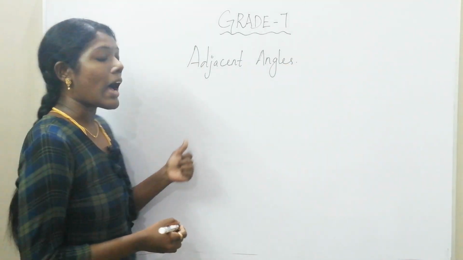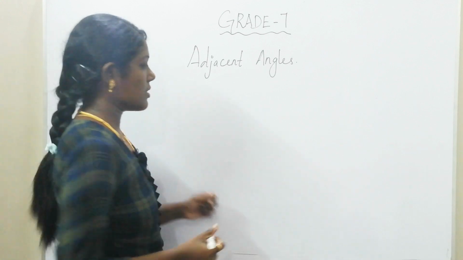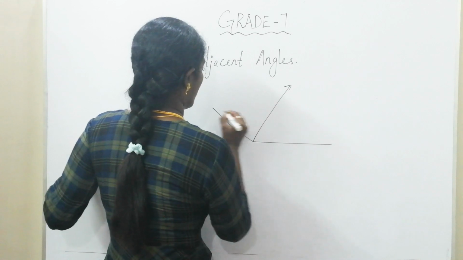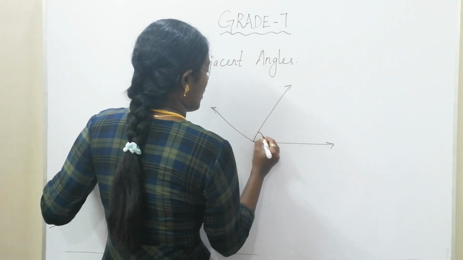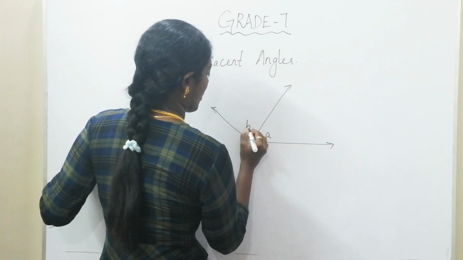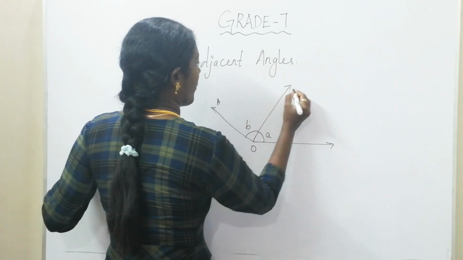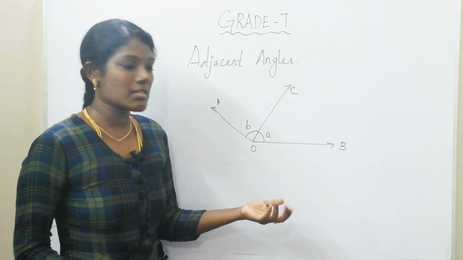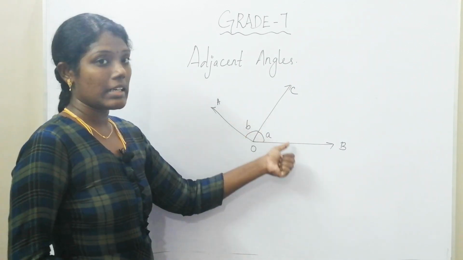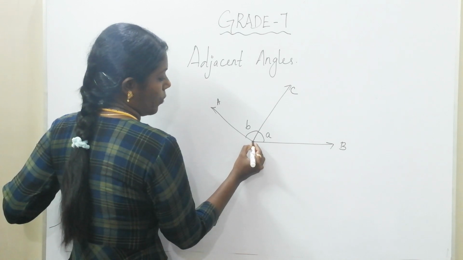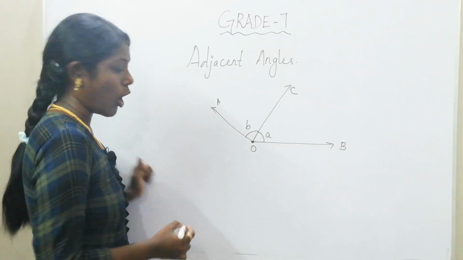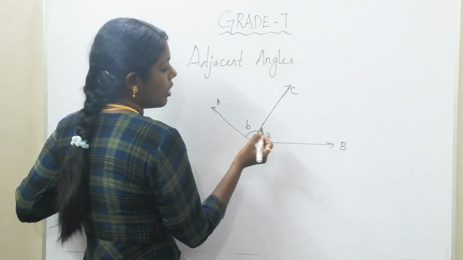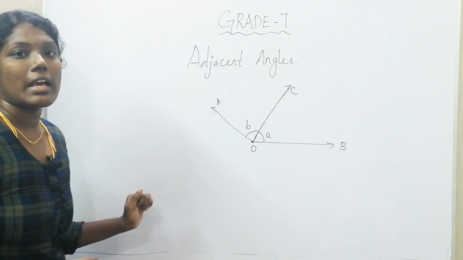See, I have two angles here, but what happens is, so I have two angles A and B. But what happens? These two angles are under the same vertex O. Both the angles are having a common vertex and both the angles also have a common arm. So this type of angle you call it as adjacent angles.